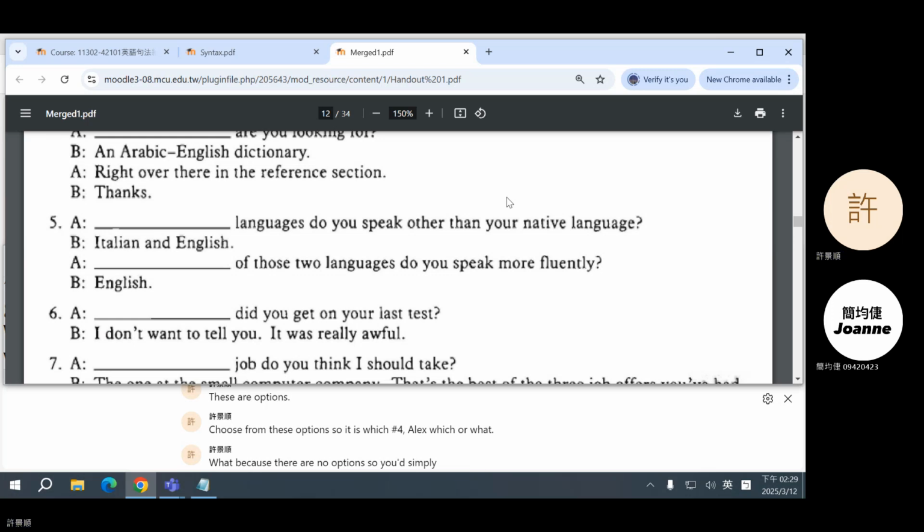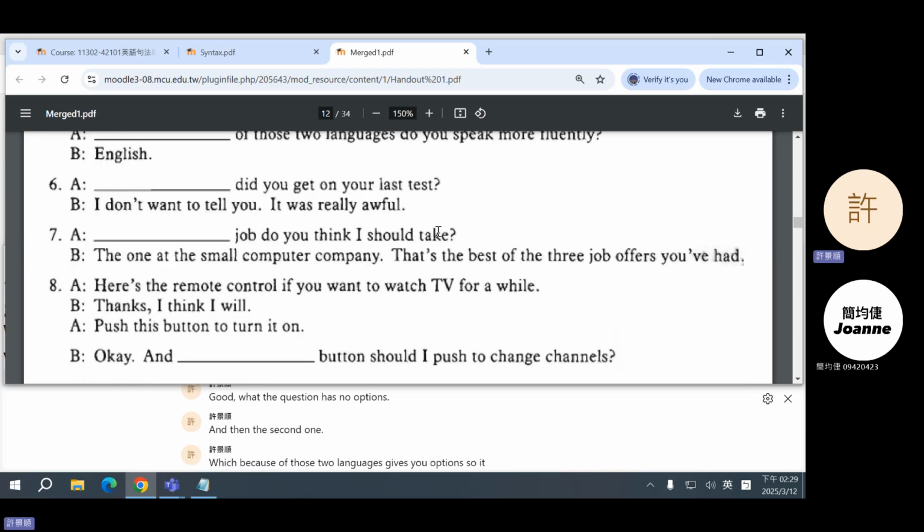First one. Good. What? The question has no options. And then the second one, which, because of those two languages, gives you options. So it's which. Number 6, Selena. What? Good. No options.